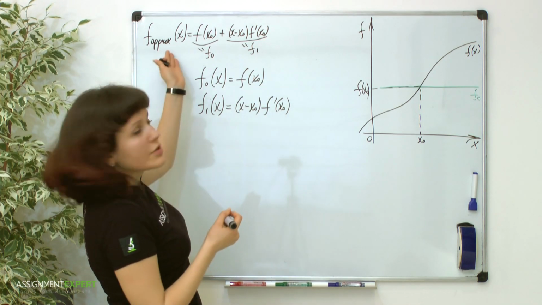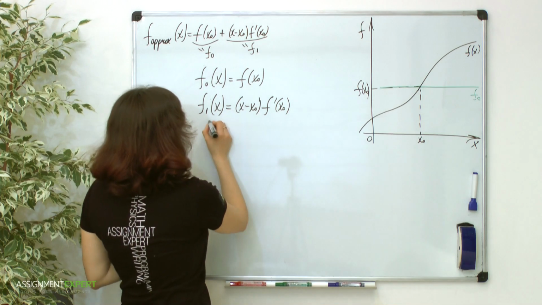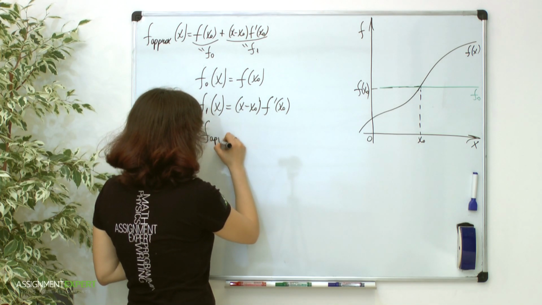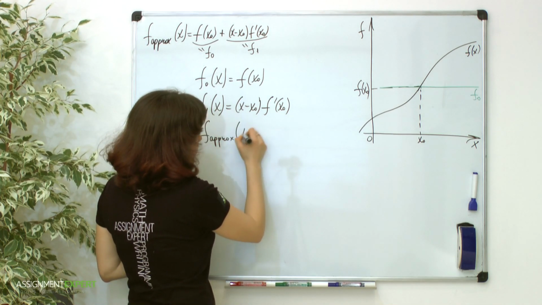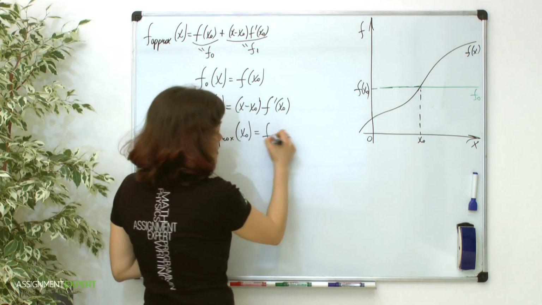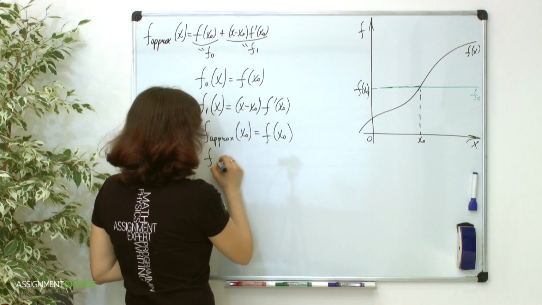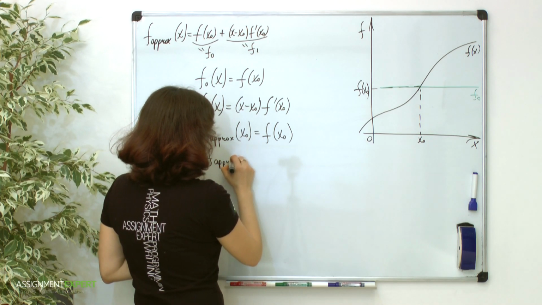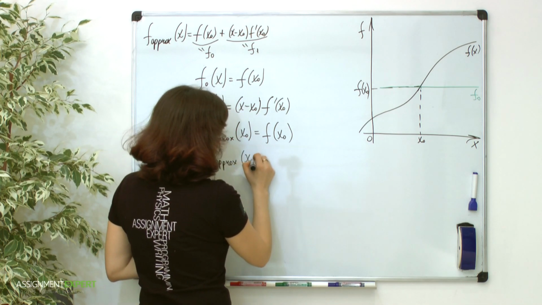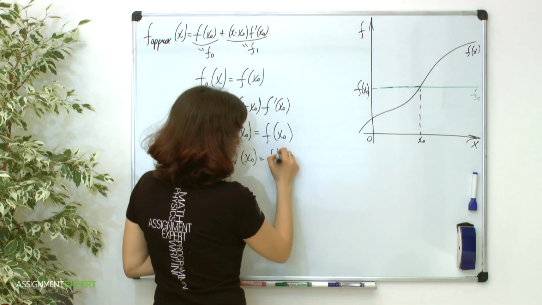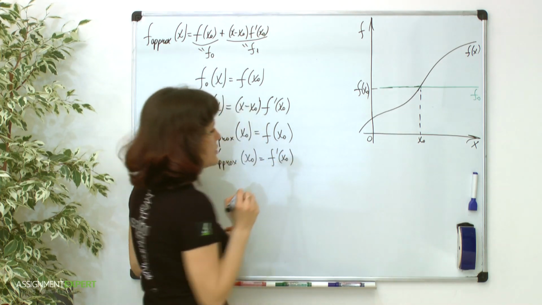Now for our approximation function f_approx, f_approx of x0 equals f of x0, and f_approx prime of x0 equals f prime of x0.